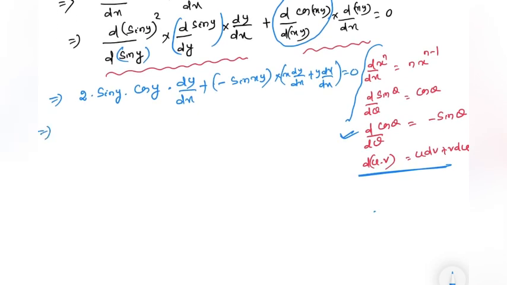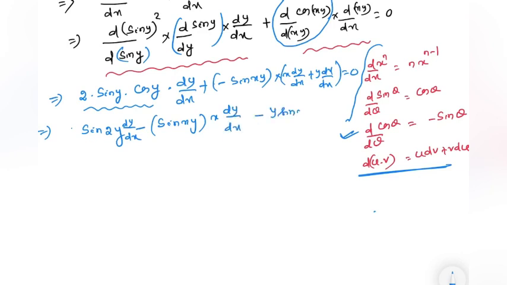Then apply the same concept. 2 sin y into cos y, that is your sin 2y, minus sin xy into x dy by dx. So sin 2y dy by dx minus x sin xy dy by dx minus y sin xy dx upon dx, that is equal to 1, is equal to 0.